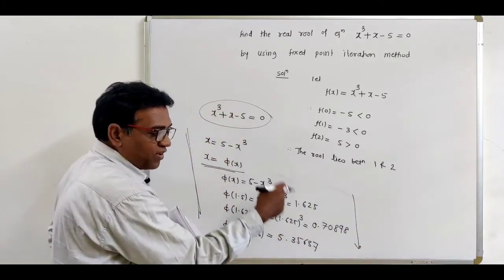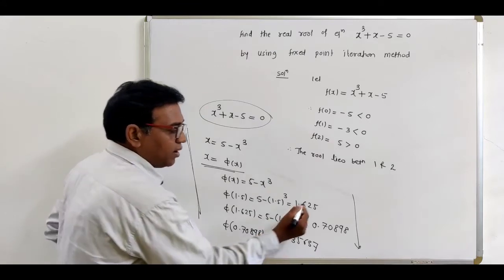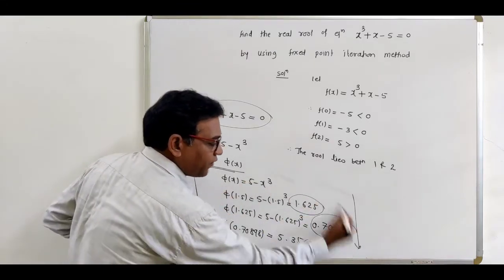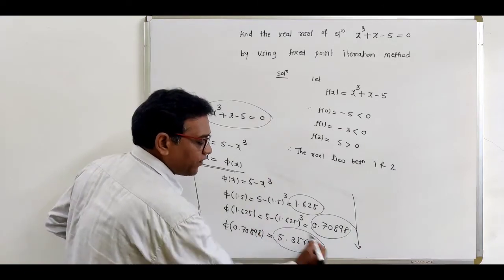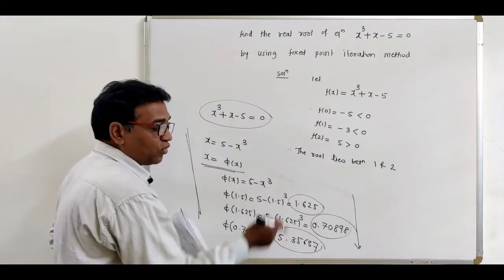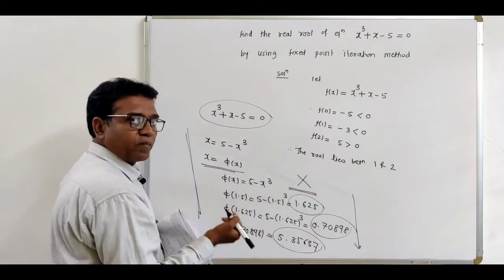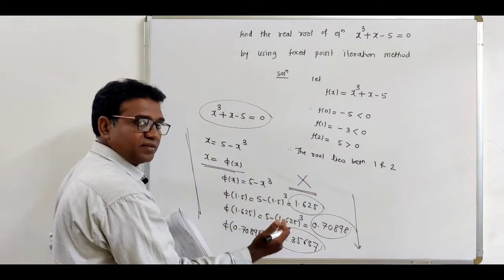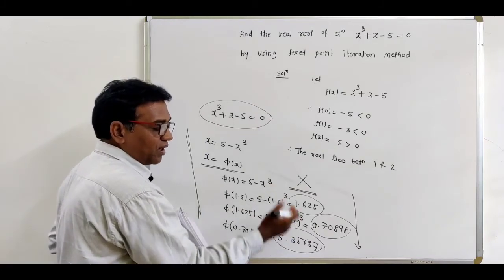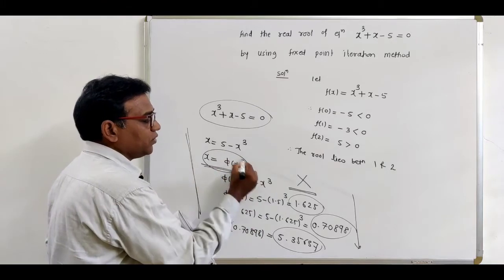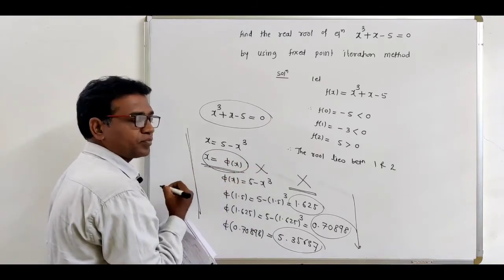Now if we observe these roots, this is 1.625, this is 0.75, this is 5.35 and so on. So these roots cannot converge to a unique point. This will be divergent. That means we cannot use this expression.